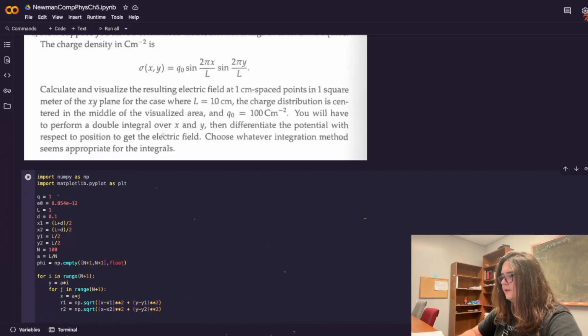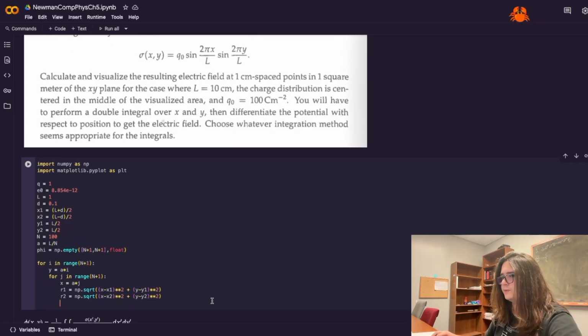So we do want to be able to catch singularities right away, so I'm going to create a couple of conditional statements.